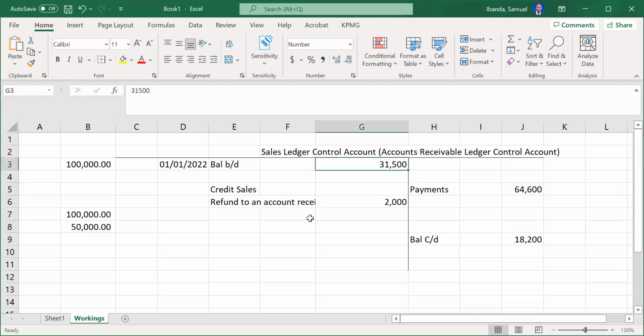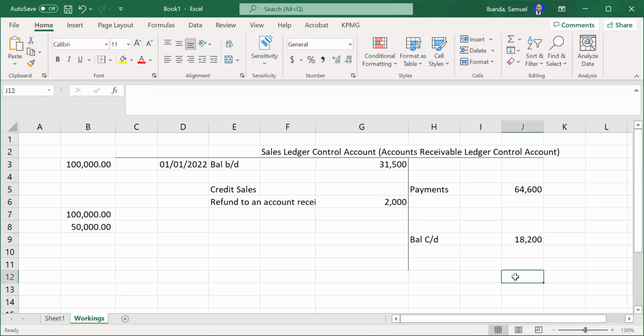After I've exhausted everything that should go in this account, I now come and balance off. Definitely the control account has to balance. The total here has to add up to the total here. As we can see, we have 82,800 here and 33,500 here.